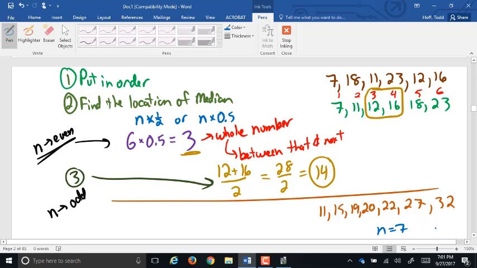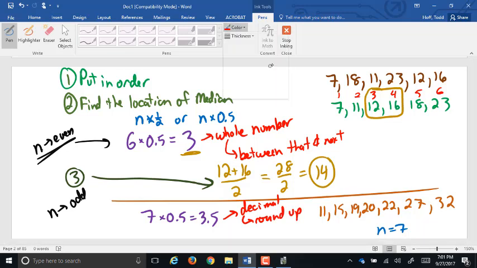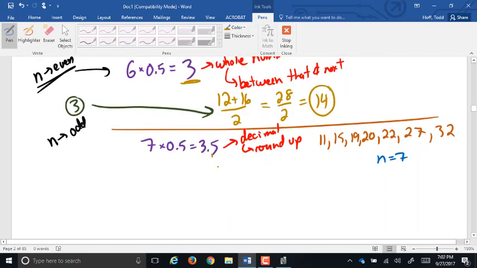So to find that position, it's 7 times 0.5, which is 3.5. Since that is a decimal, we round up. So that means the fourth number in the list is our median. 1, 2, 3, 4, that's the 20. So the 20 would be the median for that list.